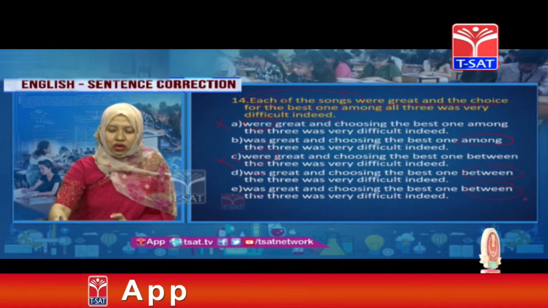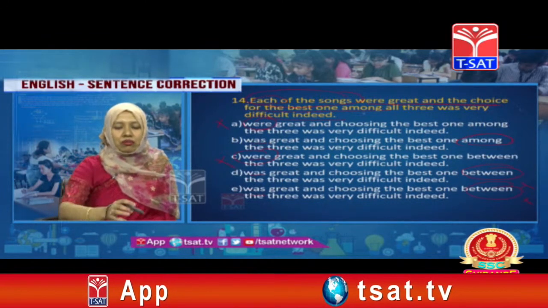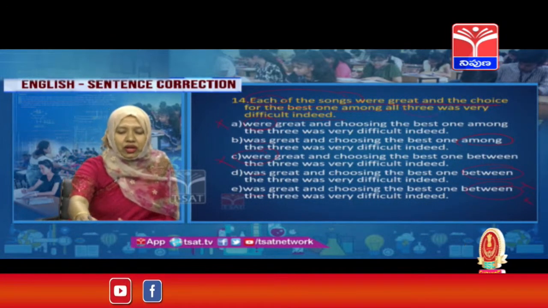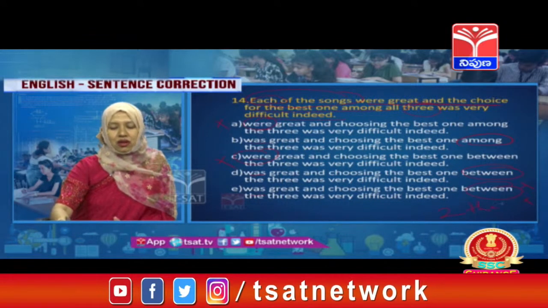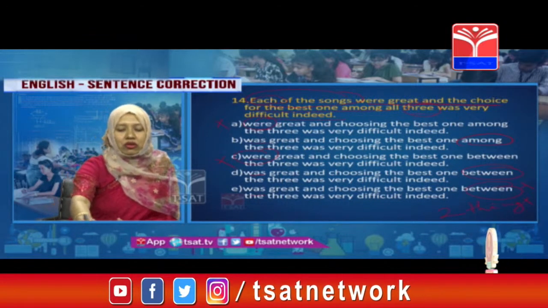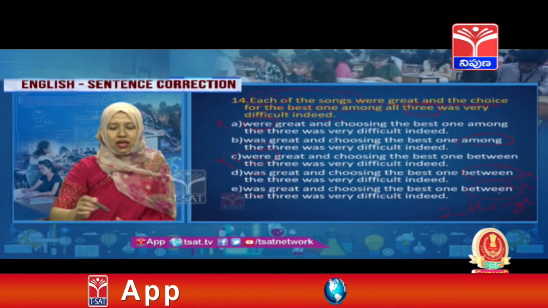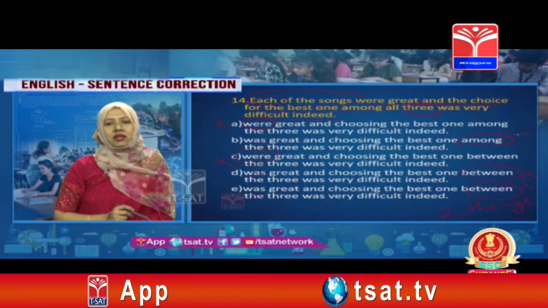Between is wrong here, because each of the songs were great and the choice for the best one among all three was very difficult. We are talking about three. Between is used when we talk about two things. Here we are mentioning three songs. So option D is wrong, option E is wrong. Now we are left with option B. So option B is the correct one.